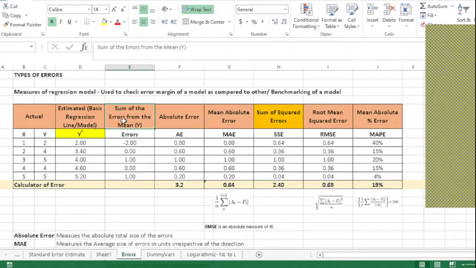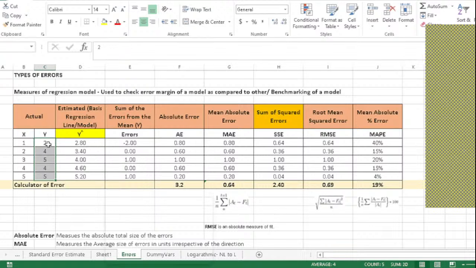First, the sum of the errors from the mean. So how do you calculate that? I calculate the error from the mean of each value of y. That means I calculate the mean of y, which comes to be 4.